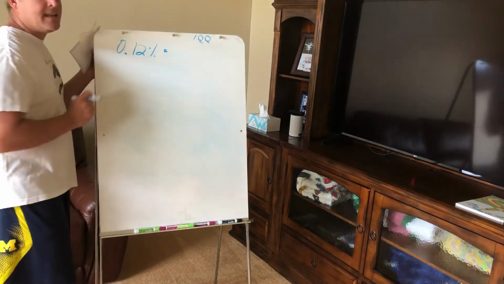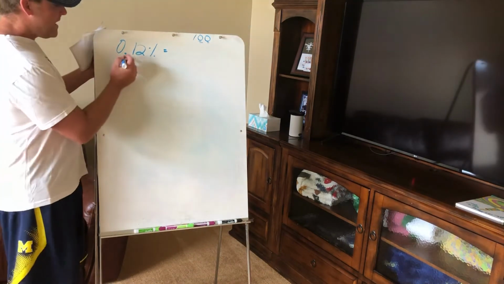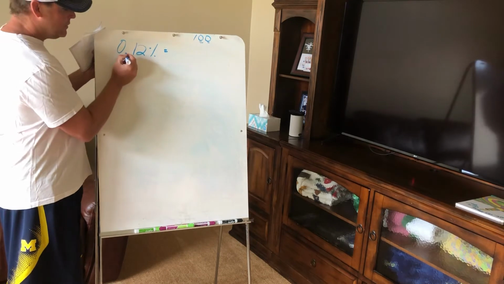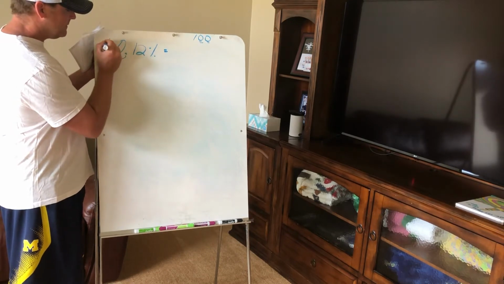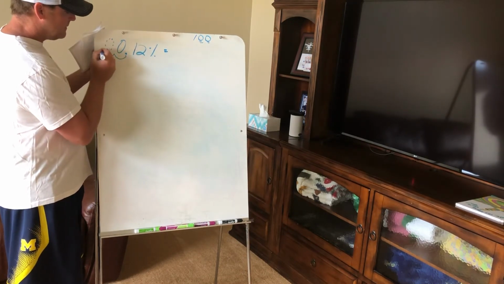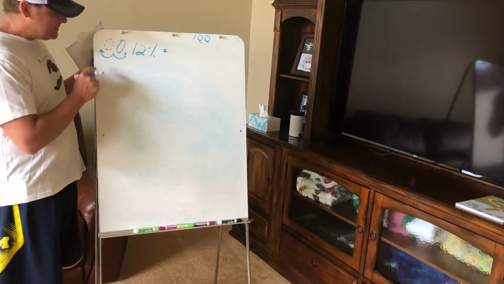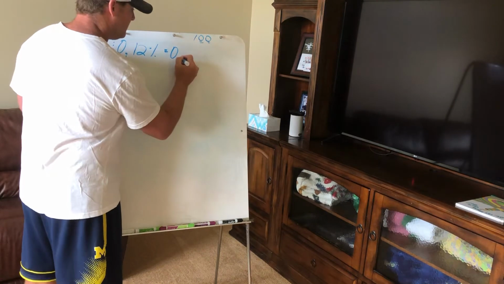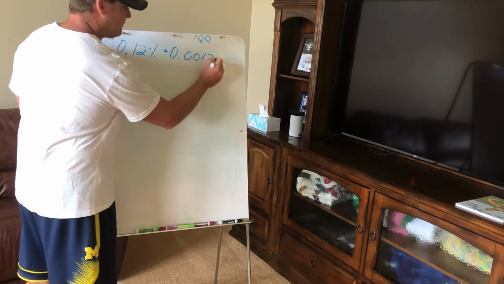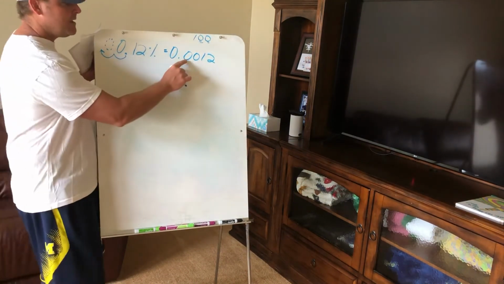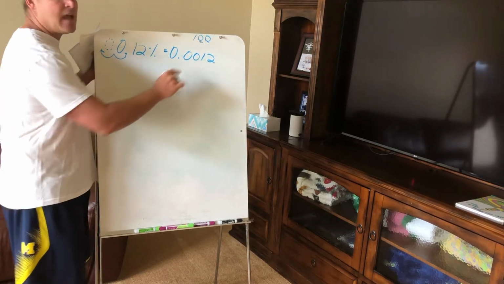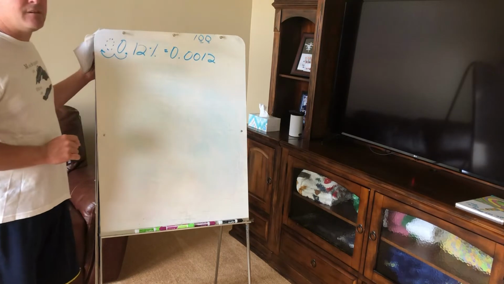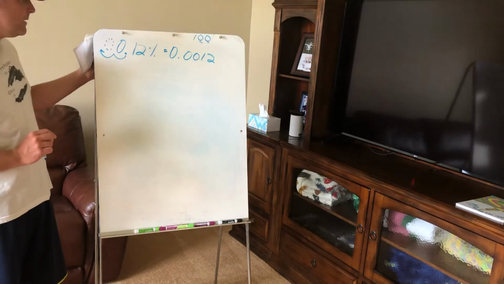Now to turn that into a decimal, we have to move the decimal that's already given 2 places to the left. So our answer is going to be 0.0012. Tenths, hundredths, thousandths, ten thousandths. So that number is pronounced 12 ten thousandths. Very, very small number.